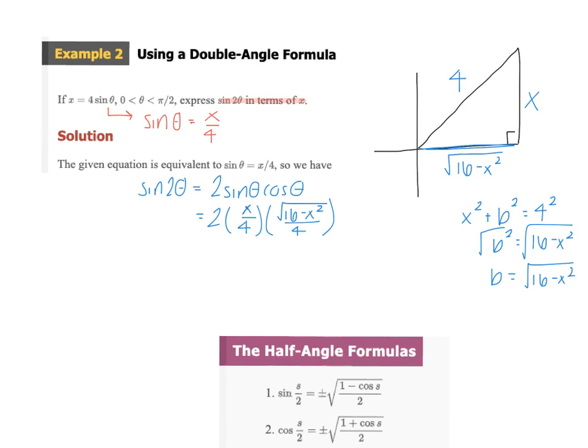So this would be 2x square root of 16 minus x squared all over 16. Make sure you multiply your denominators. Then you can divide that 2 out. Nothing can get out of this square root because it's that group. So this would be your final answer. The picture is extremely helpful, so hopefully you take advantage of that.